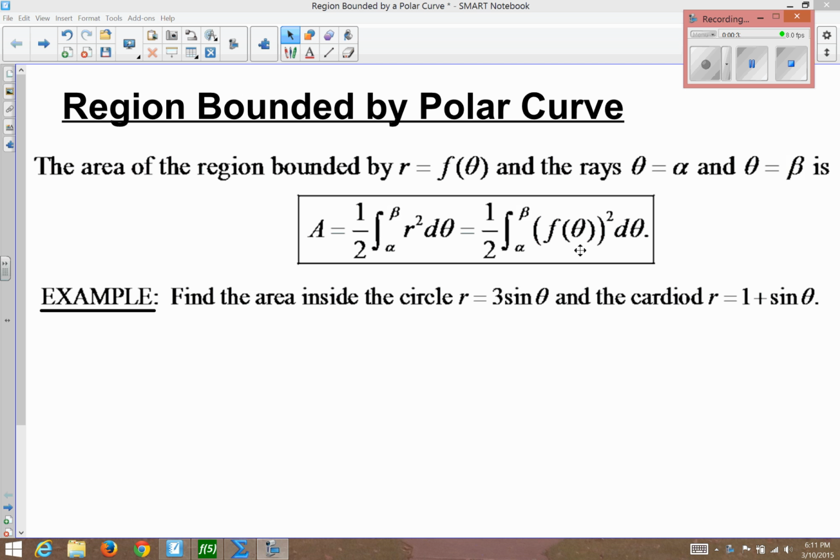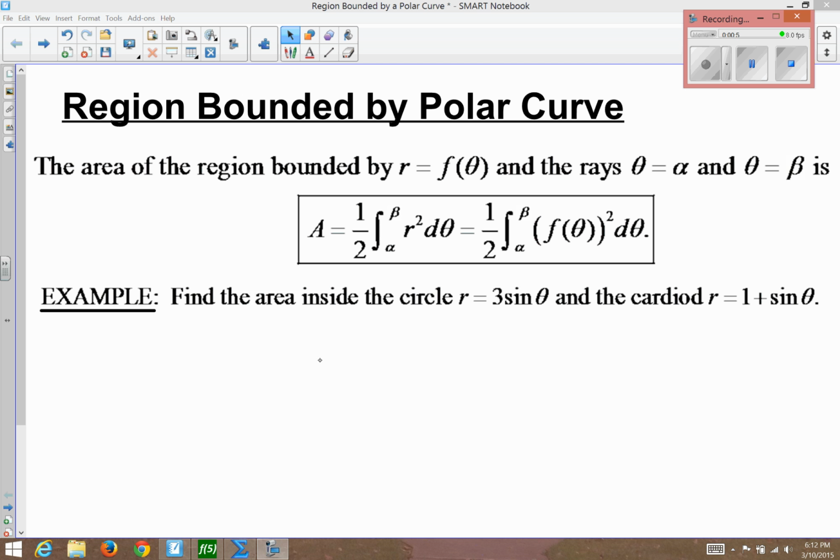R is some function of theta. Integrate r squared d theta from alpha to beta and multiply that by 1/2. We will talk in class about where this formula comes from.